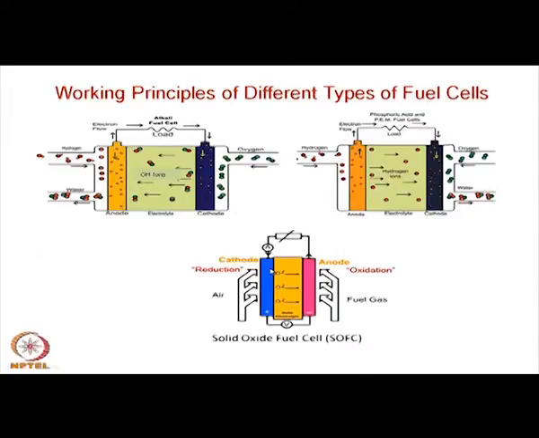Otherwise, the basic principle is the same. The only difference here is that the mobile, charged species of the electrolyte is the oxygen ion, and they are all solid state. We will see what different materials we use for this kind of system, but this is the basic principle by which one can generate electrical power from the chemical energy of the fuel.